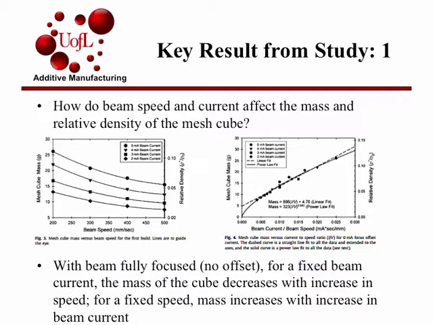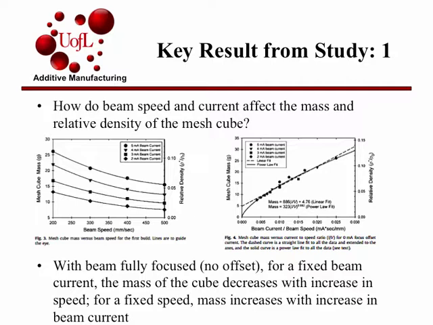On the x-axis here, we have the beam speed in millimeters per second. The mesh cube mass is on the y-axis here, and this was for beam currents of 2, 3, 4, and 5 milliamps. And on the flip side of that, for a fixed speed, you can see as the current increases, the mass of the cube will increase.